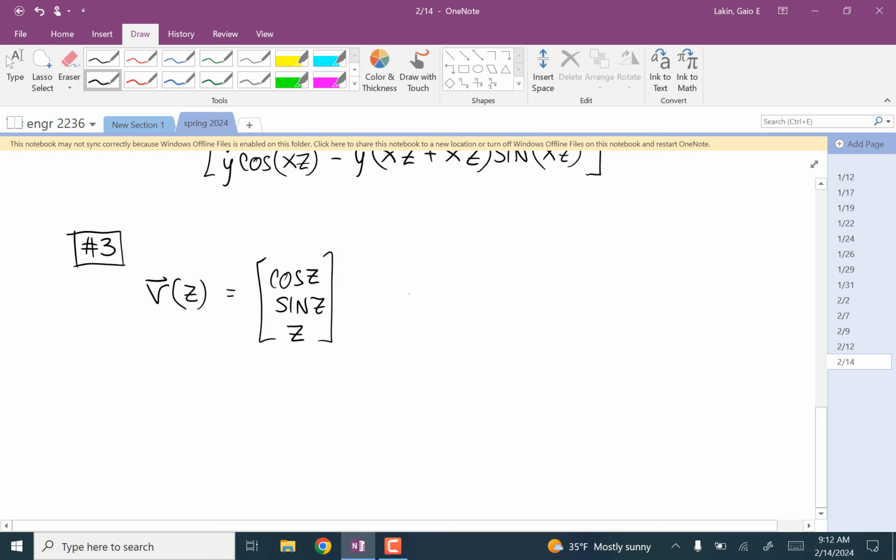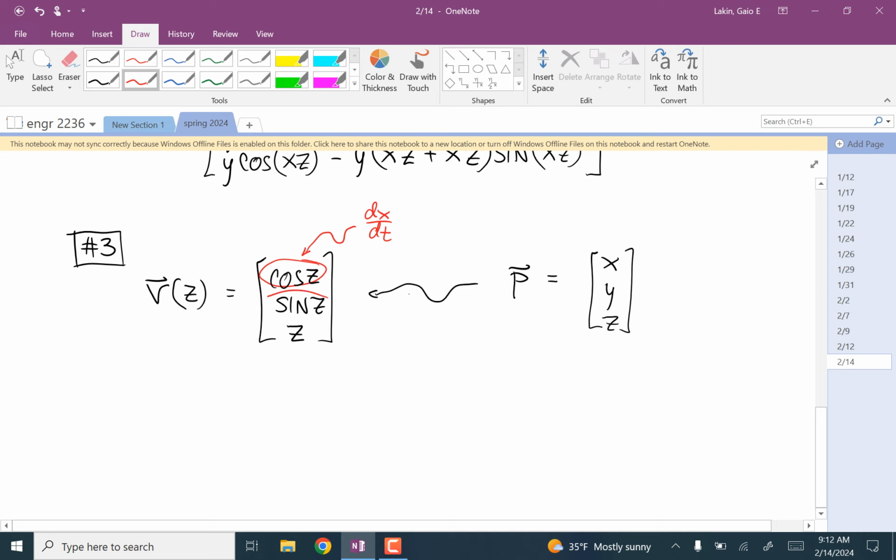And on these, we're always assuming that the position vector is this. Okay, well, that means that cosine of z is dx dt, because that's the definition of the velocity vector.